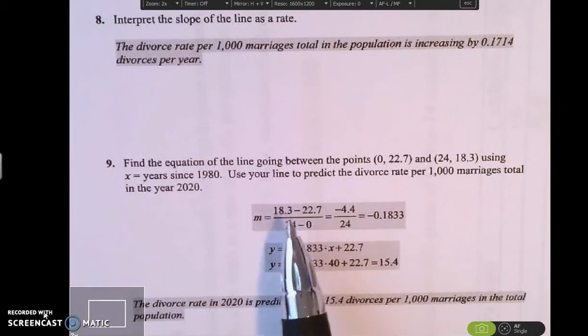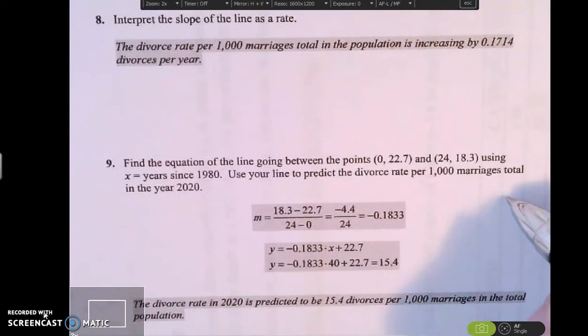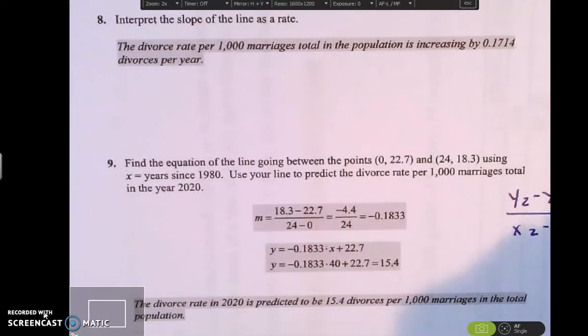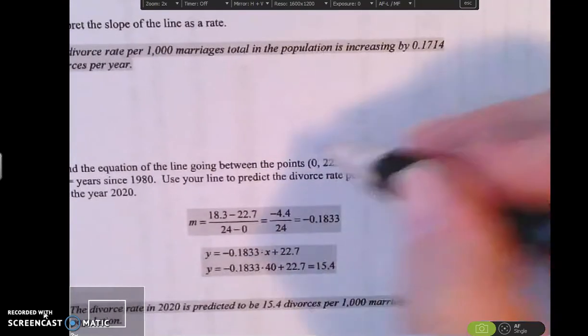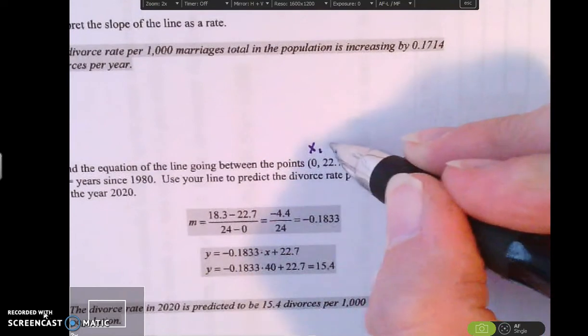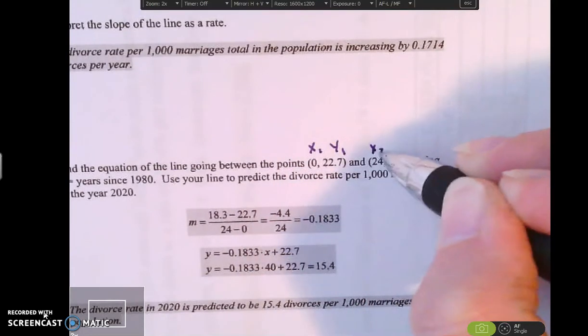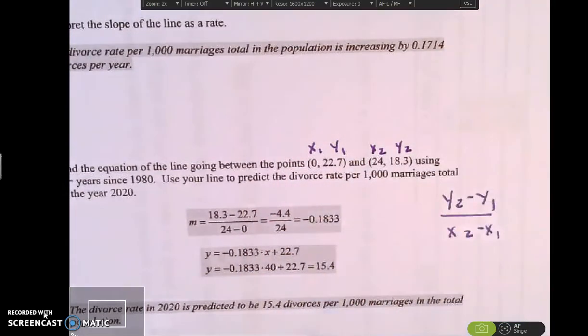So I'm going to set up my slope formula. Remember, slope is y2 minus y1 over x2 minus x1. So this is my x1, y1, x2, y2.